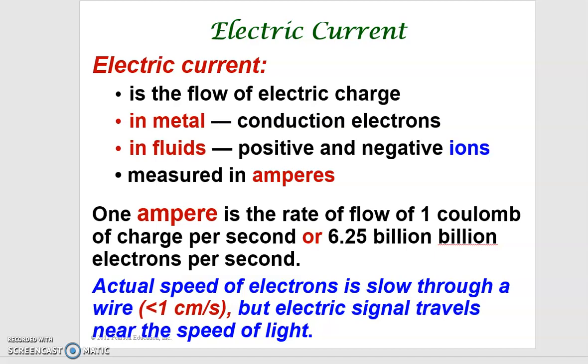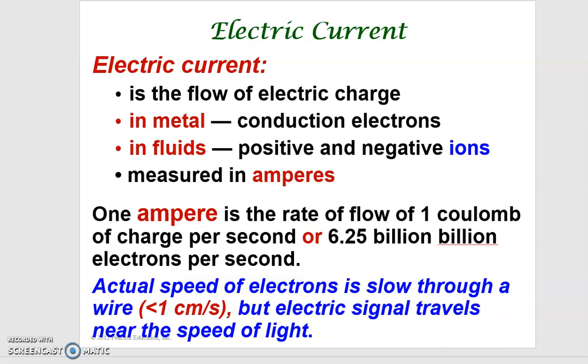Instead, it is a bunch of conduction electrons interacting with each other. For example, the first electron starts to move and hits the second one, passing all the energy to it, and the second electron moves and hits the third one, and it continues. This is the concept of the electric current.